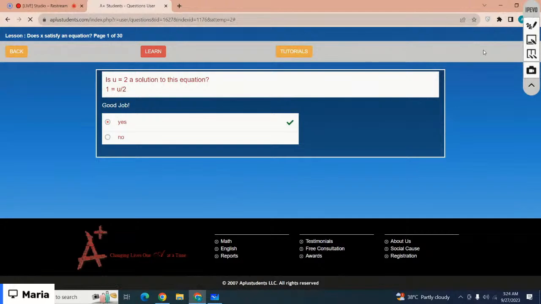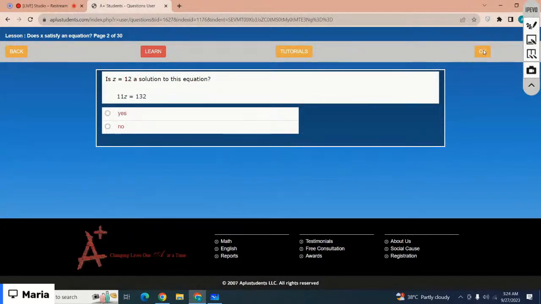You have to solve the questions and write the answers in the chat box right now. Okay, is z equals 12 a solution of the equation 11z equals 132? Yes or no? Which is the correct option? Just replace the variable z with the value and see if both sides are exactly equal. So which is the correct option?